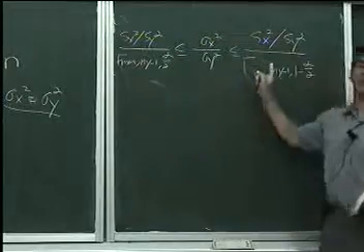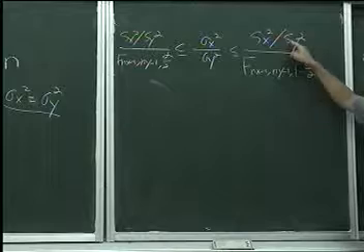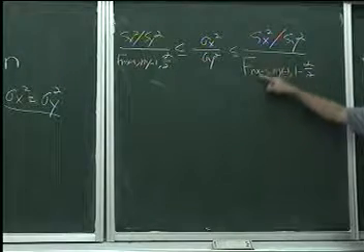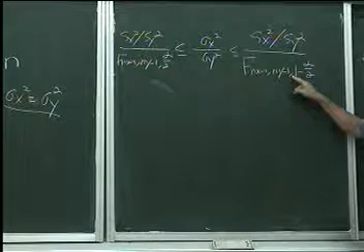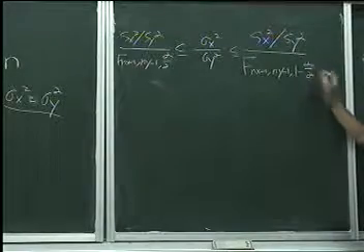And this is the right-hand side: Sx squared divided by Sy squared and divided by the F distribution with nx minus 1, ny minus 1 degrees of freedom, and the probability is 1 minus alpha over 2.